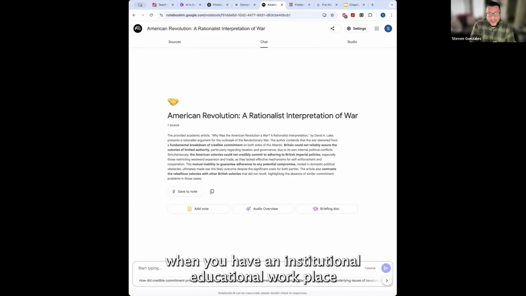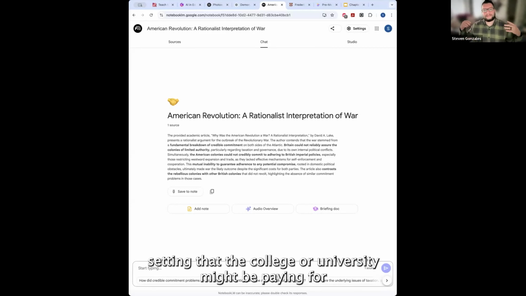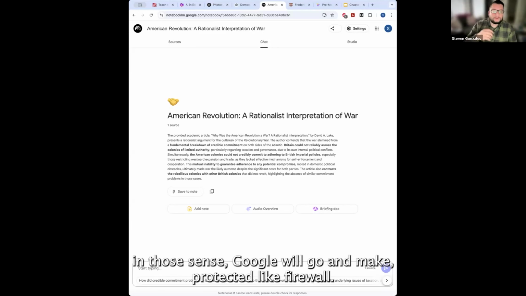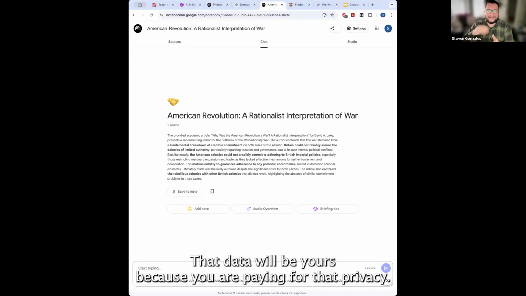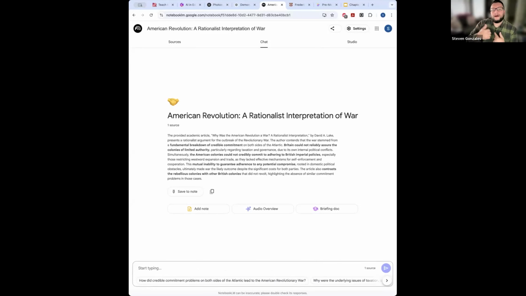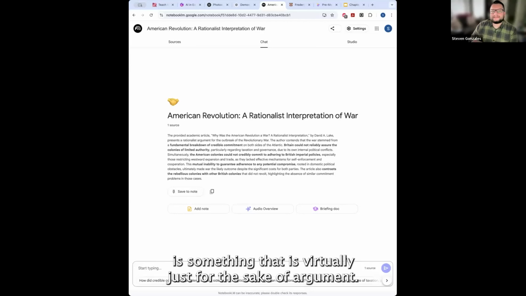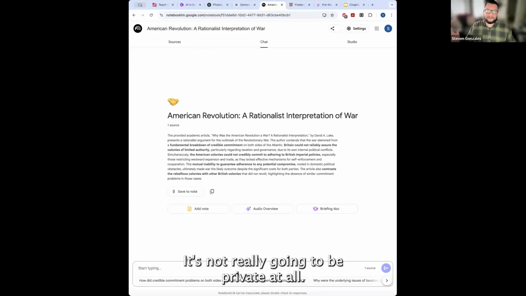Now, in an institutional educational workplace setting that the college or university might be paying for, Google will make a protected firewall. That data will be yours because you are paying for that privacy. With Google Notebook, just for the sake of argument, consider that it's not really going to be private at all.